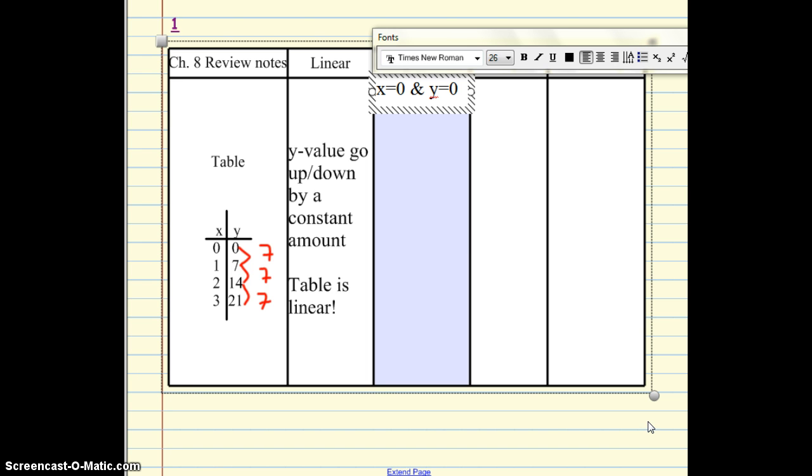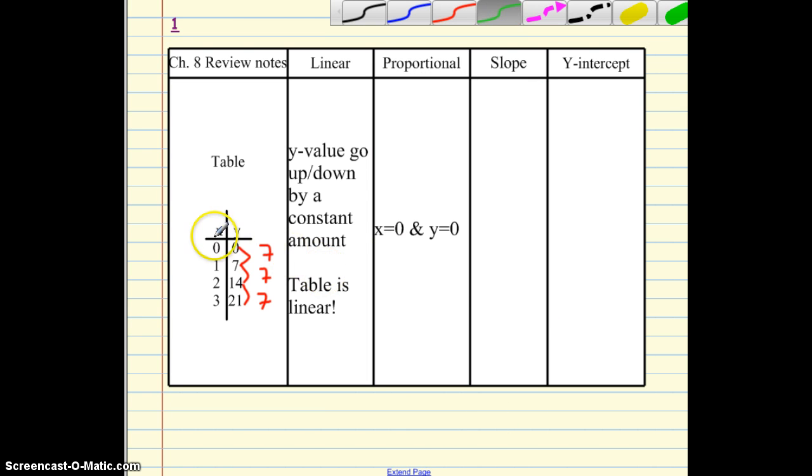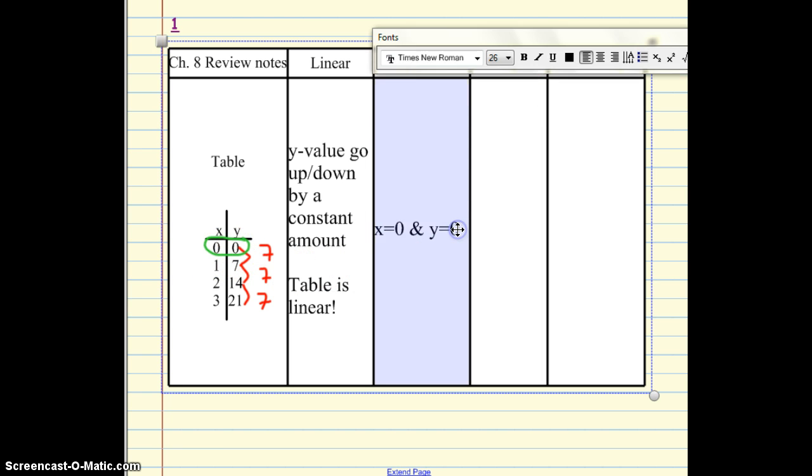If x equals 0 and y equals 0, then our table is proportional. So if we take a look at our table, when x equals 0, y is also 0, so guess what? Our table is proportional. If this was 0 and this was any other number but 0, it would not be proportional. So the table is proportional.